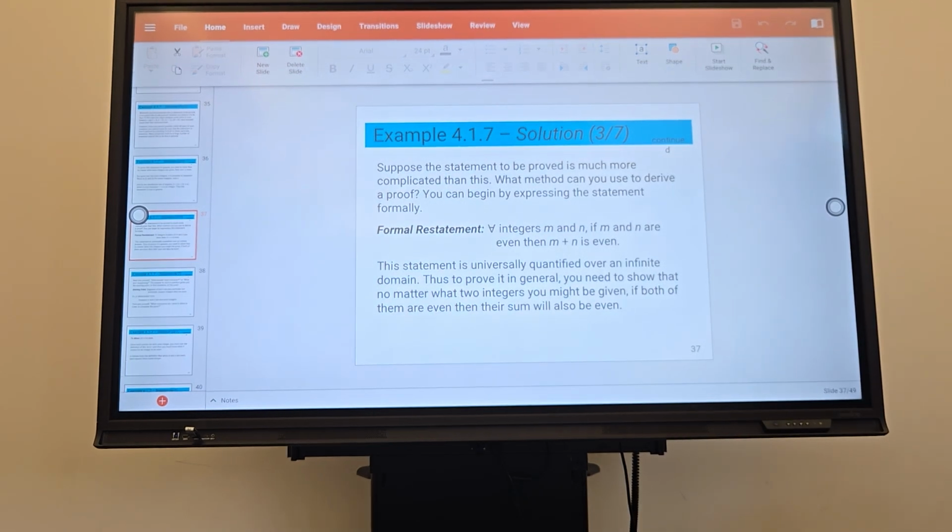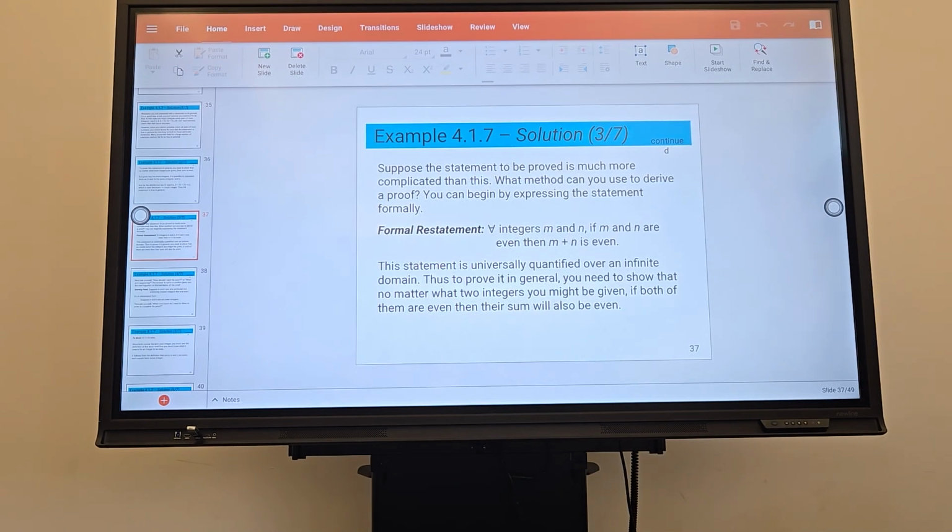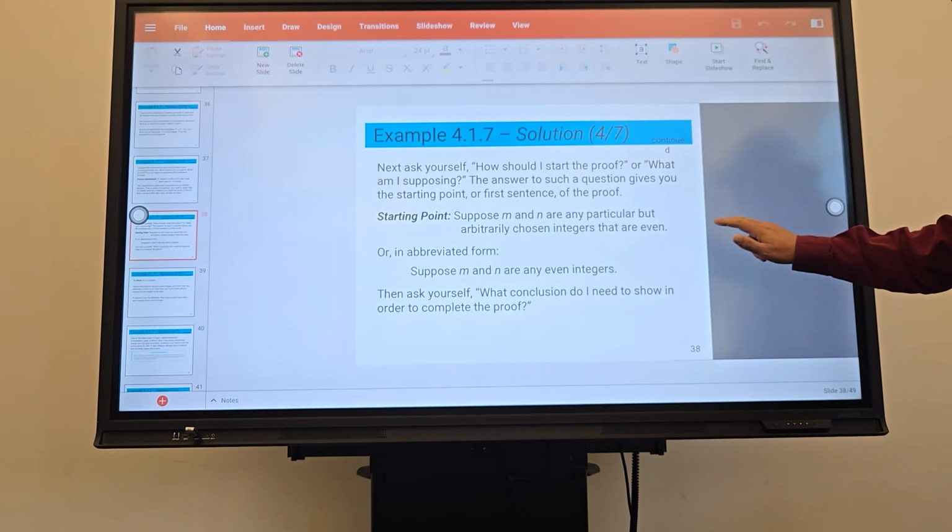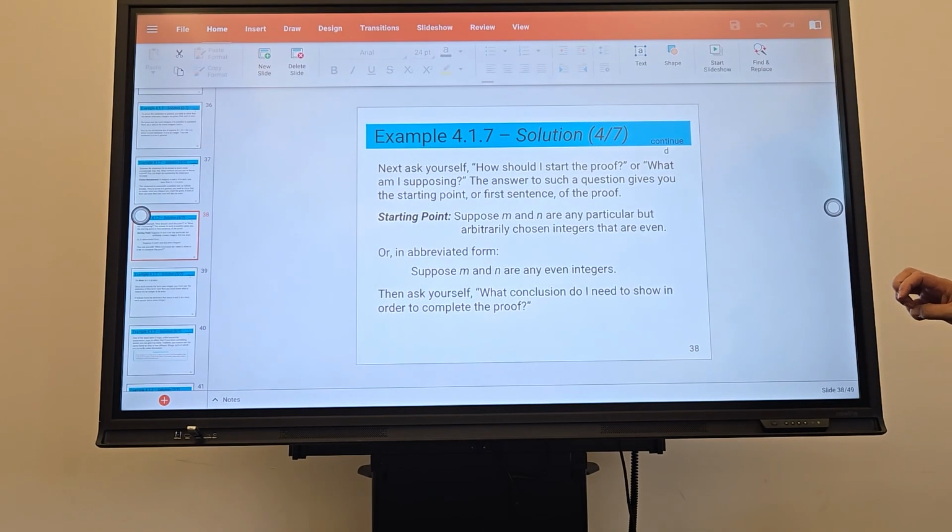Suppose the statement to be proved is much more complicated than this. What method can you use to derive a proof? Begin by expressing the statement formally, and then ask yourself, how should I start the proof, or what am I supposing?